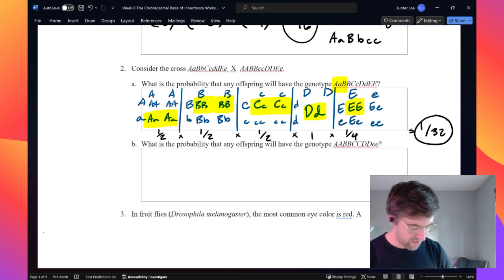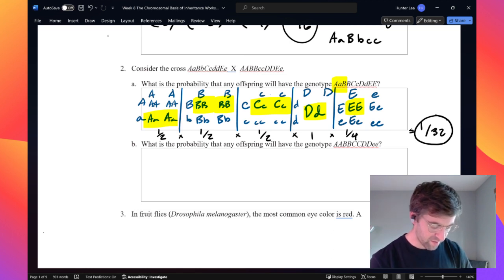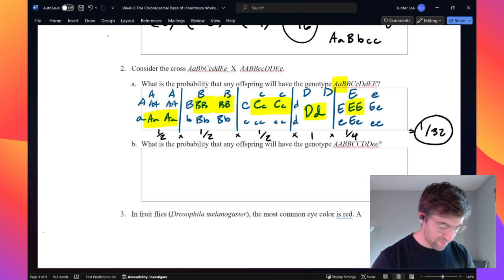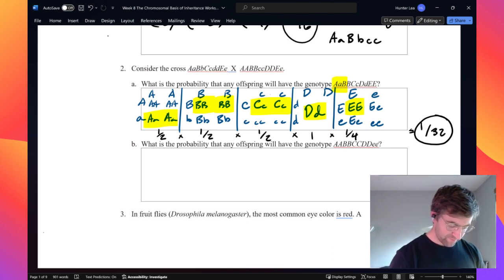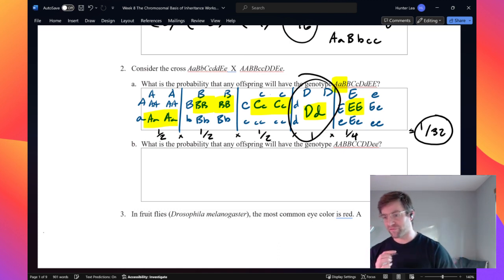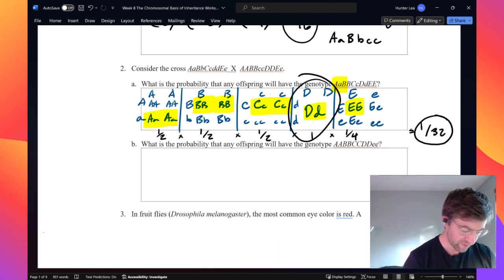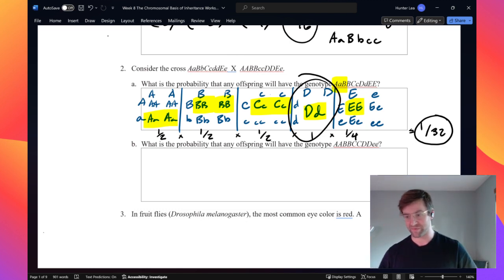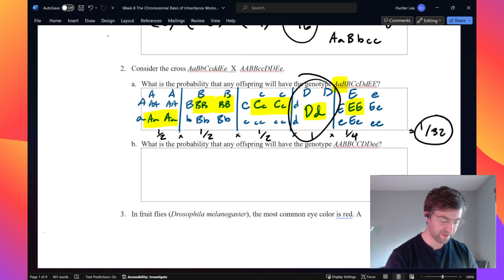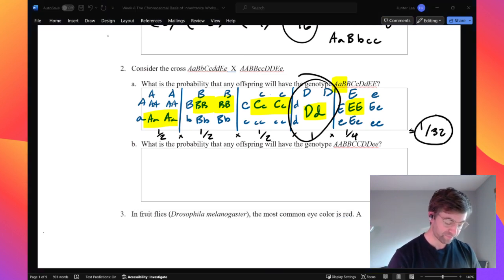What is the probability that any offspring will have the genotype big A, big A, big B, big B, big C, big C, big D, little e? I kind of forecasted this, right? There is 0% chance. We don't even have to do the math because anything times 0 equals 0, right? And just looking at these Punnett squares, we know that there's no chance of a big D or a big C, because we don't have that dominant gene occurring twice.